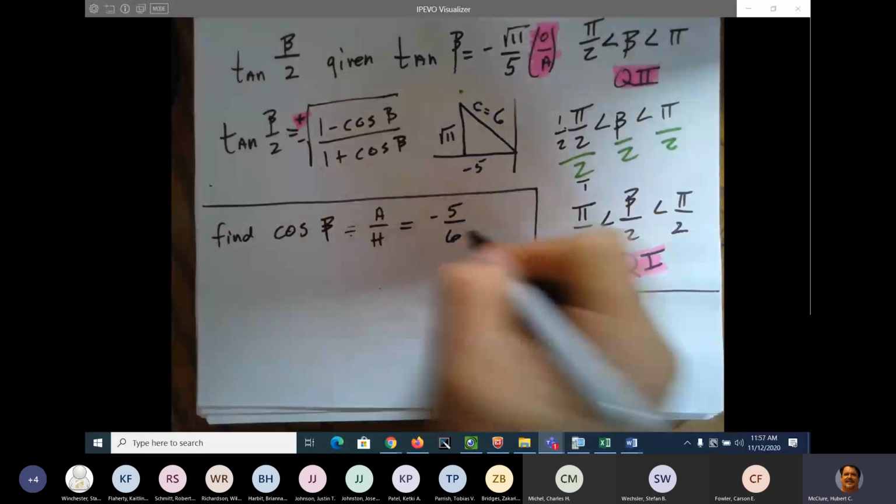We know it's in the first quadrant, so we don't have to worry about the positive or negative. So that's the square root of 1 minus 5 over 6, and in other words, you know how to do this. Yeah, square root of 11 over 6. And that's your answer.